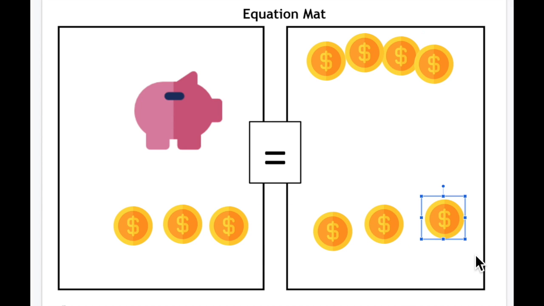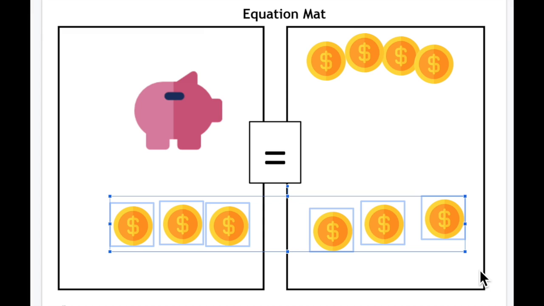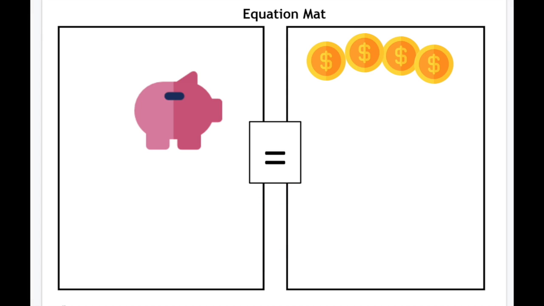And so I'm going to take 3 and I'm going to get rid of these. Remember, we have to have the same amount of coins on both sides. So if I get rid of 3 coins on one side, I have to get rid of 3 coins on the other side, or else it will be unbalanced. Okay, so now can you tell how many coins are in the piggy bank? I hope so. Now, let's try the second method.